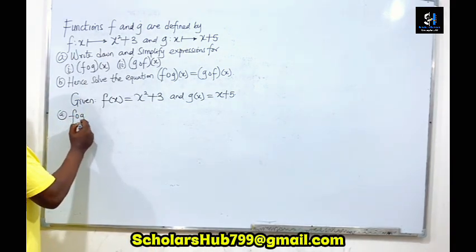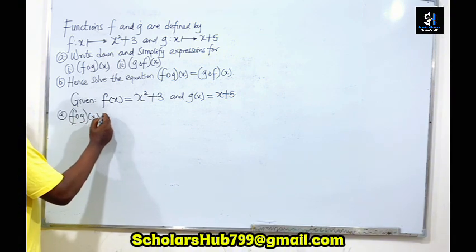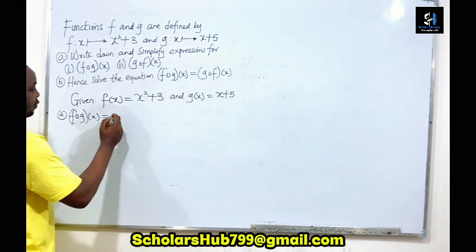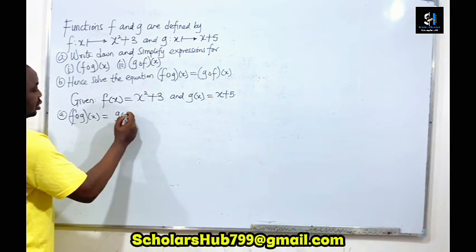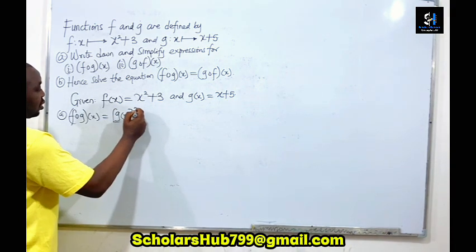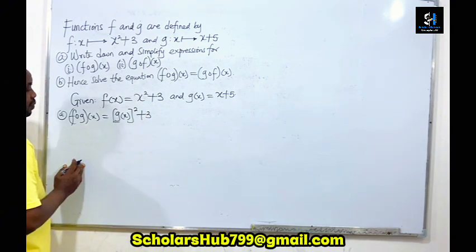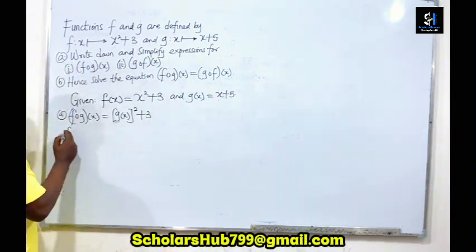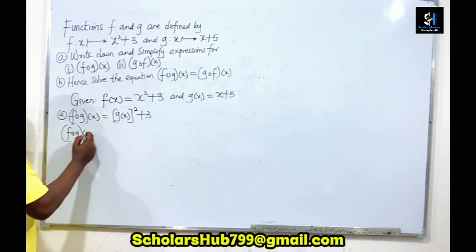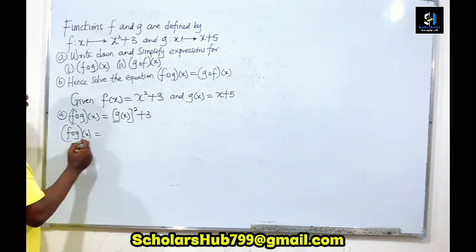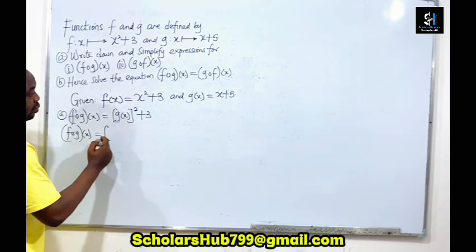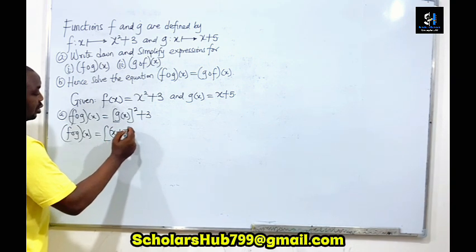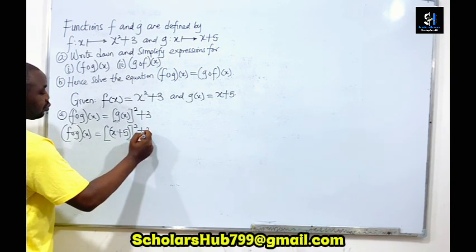So for fg of x, I'm going to put g of x into f of x. So this will be g of x raised to the power of 2, plus 3. And we have that g of x is equal to x plus 5, which means fg of x, this composite function, will be square brackets x plus 5, raised to the power of 2 plus 3.